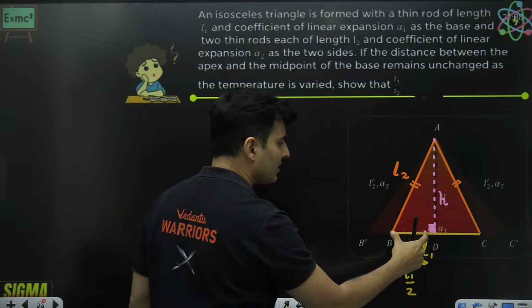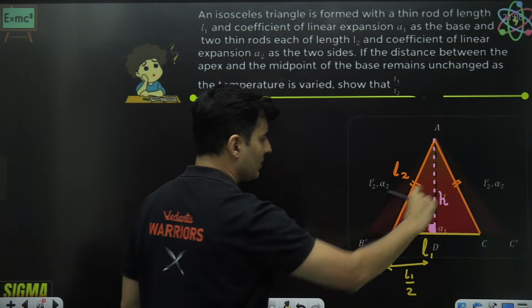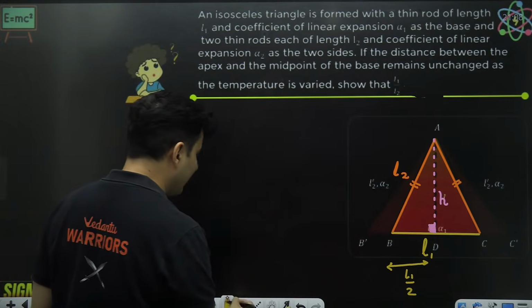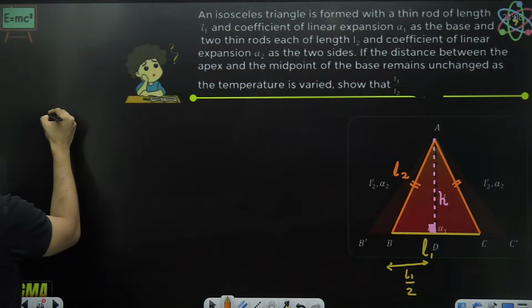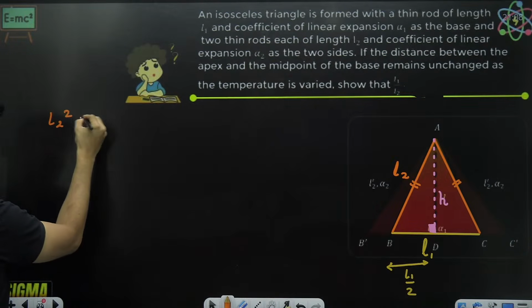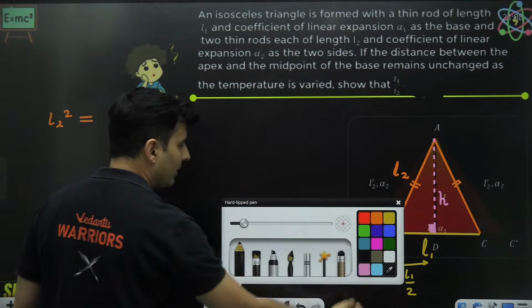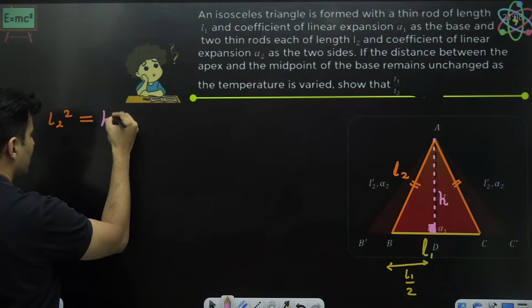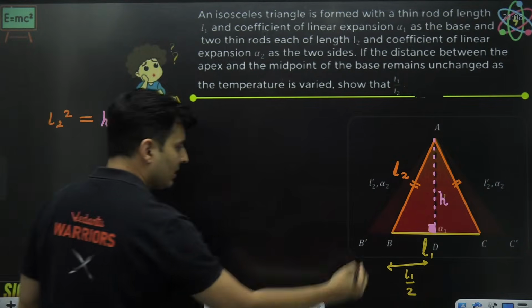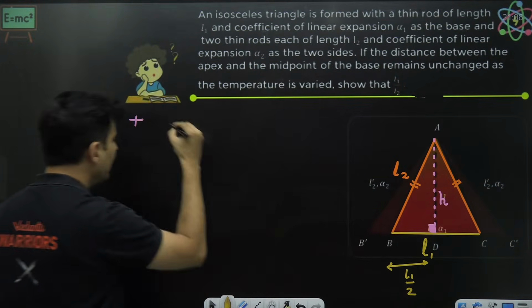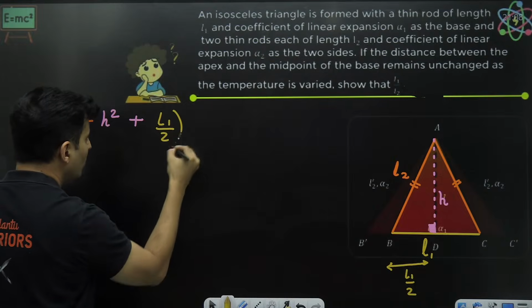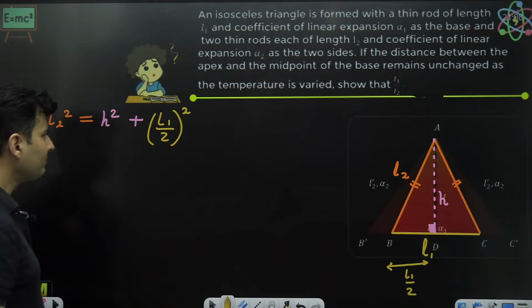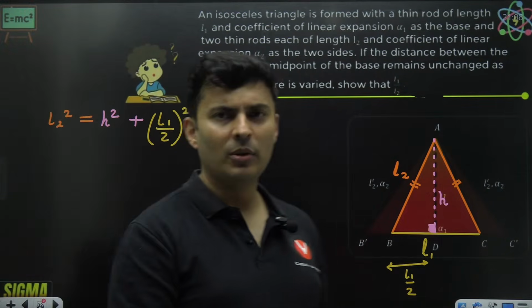This is the hypotenuse, this is the perpendicular and this is also a perpendicular side. So can I say that L2 square, the hypotenuse square, will be H square plus the base, which is L1 by 2, whole square? Is that right?